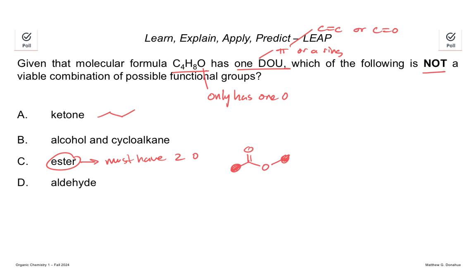And now for a ketone that has a carbonyl, and it has to be internal in the chain. So that's a viable constitutional isomer. An aldehyde has a carbonyl, but it's at the end of the chain. So that could be one.